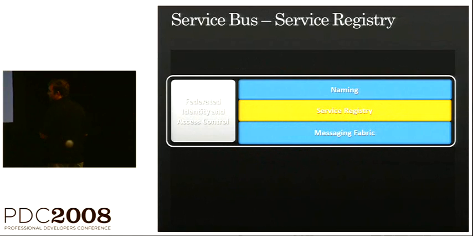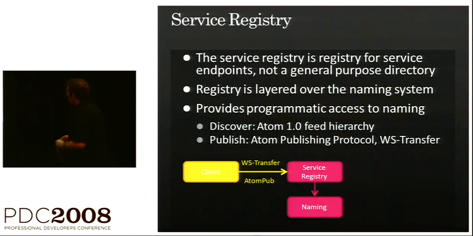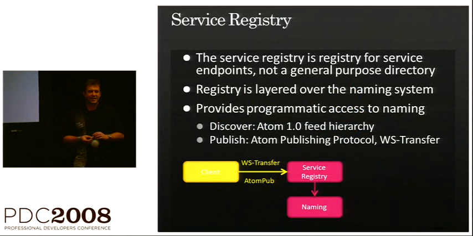There's no direct API for the naming system per se, but there are two entry points to it. One of them is the service registry, and one of them is the messaging capabilities per se. So let's talk about the service registry first. The service registry is a registry for service endpoints. It represents itself as an Atom feed.